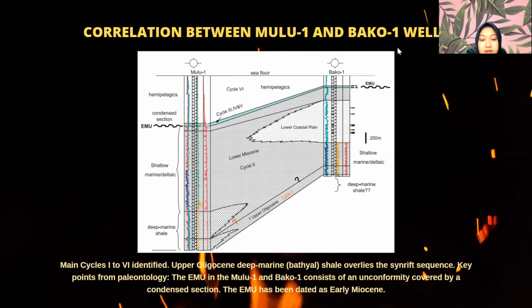Okay, the following trends from deep to shallow marine were recognized from the biostratigraphy data from Muluwan and also Bakuwan. The correlation between the Muluwan and Bakuwan wells shows the main cycles 1 to 6, identifying upper Oligocene deep marine shale overlying the syn-reef sequences.